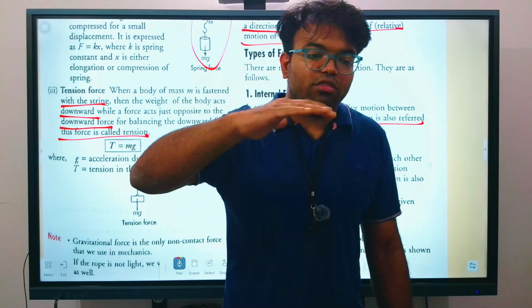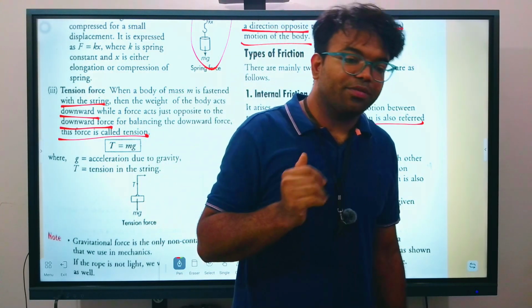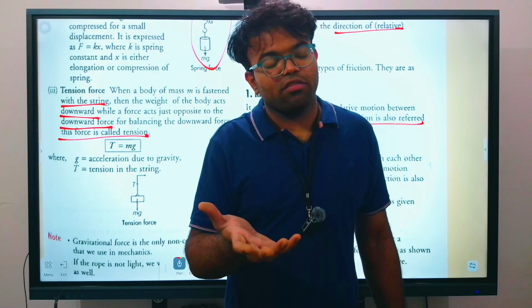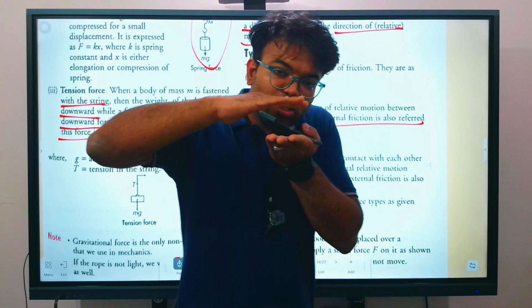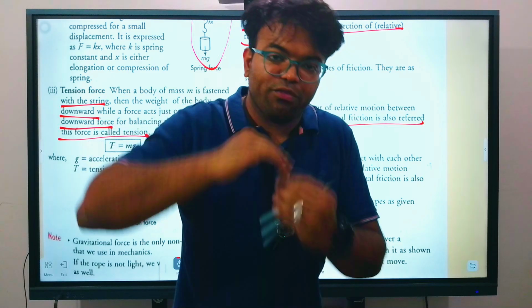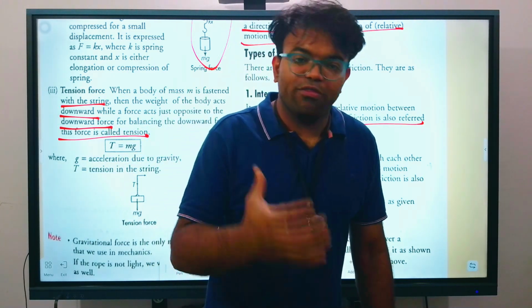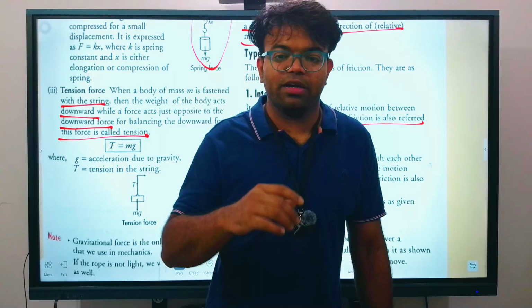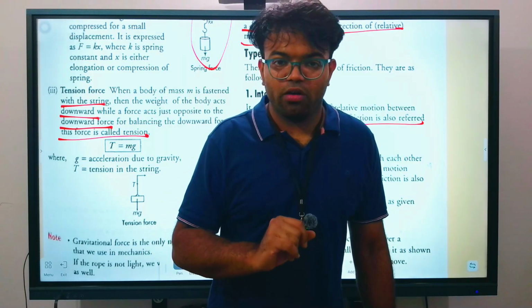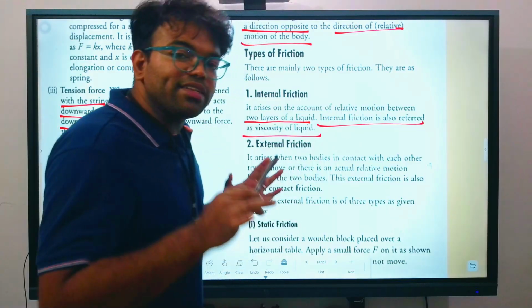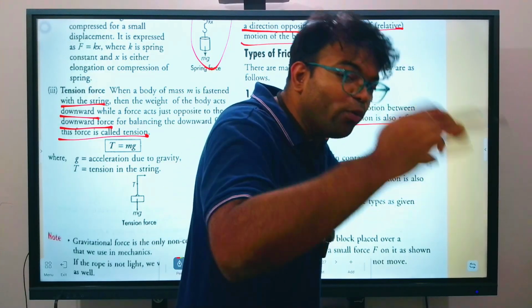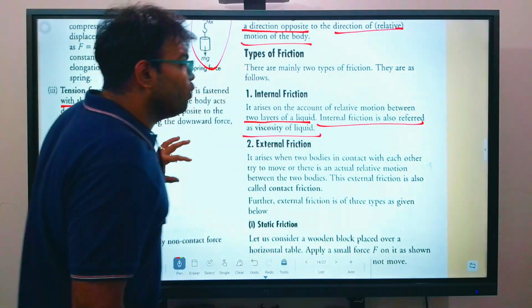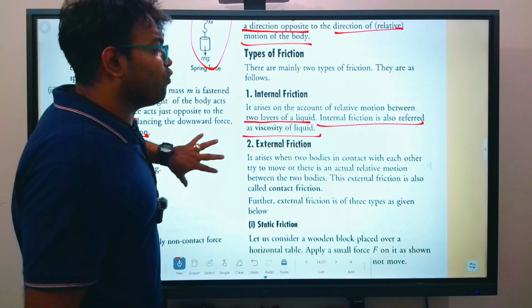The topmost layer of the fluid will flow the fastest, whereas the bottommost layer will flow the slowest. So there is friction between multiple layers of the fluid. We are going to learn more about this in fluid dynamics, a chapter we will learn three or four chapters after this. The friction happening inside the fluid itself is called fluid friction or viscosity of a liquid.